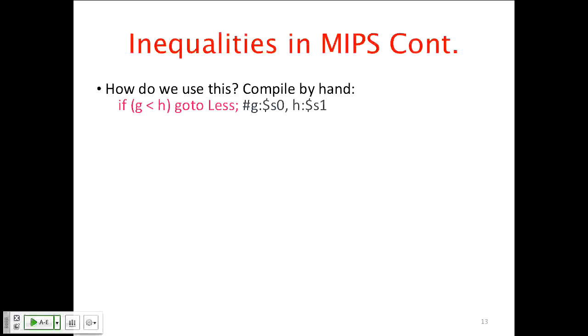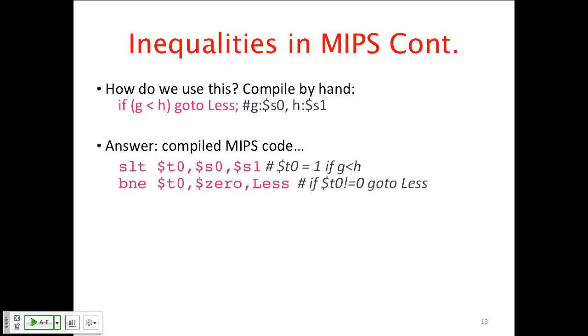Say we had this bit of C code: if G less than H, go to something. This is using a goto in C, I guess. In MIPS code, we will just have set if less than into a temporary register. Remember, the T registers are our temporary registers by convention. So T0 will get the value of 1 if G is less than H, held in these two registers.